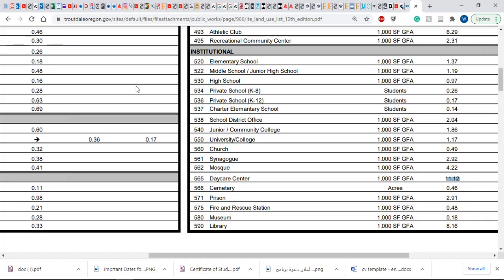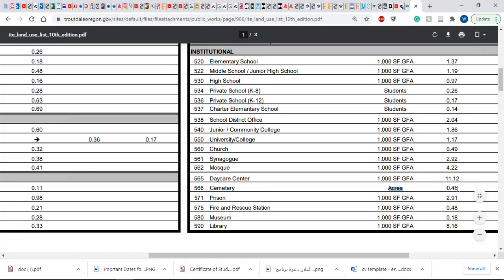For example, for cemetery, per acre, here per acre, not per square foot, it is 0.46 trips, because the number of visitors to cemeteries is not that frequent.